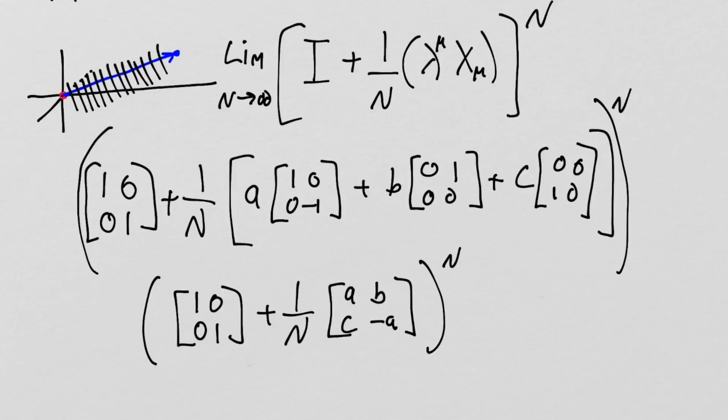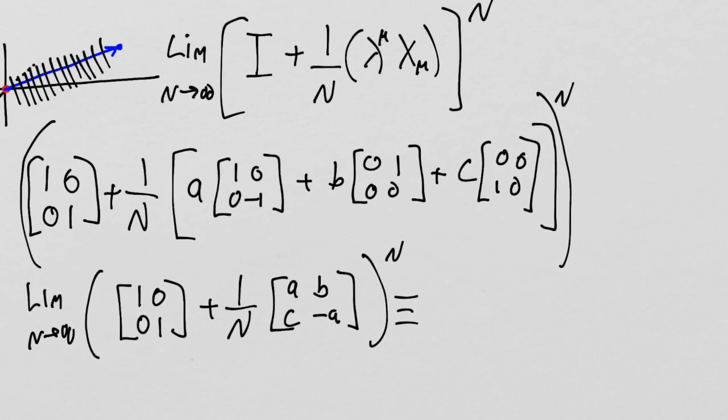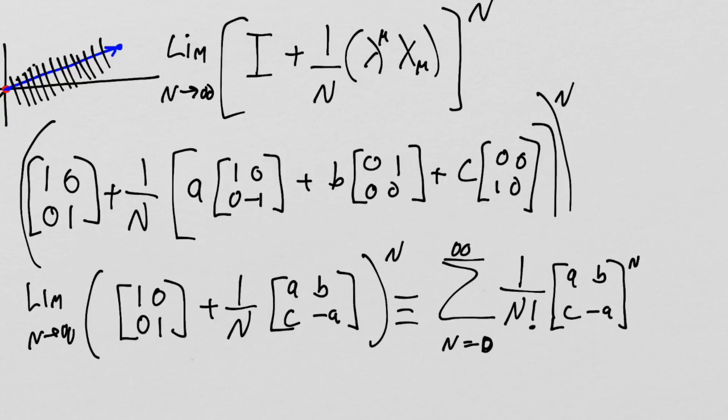And now I can take the next step, when I remind myself that I'm dealing with the limit as n goes to infinity, that this is really equal to the sum from n equals 1 to infinity of this sum, right?